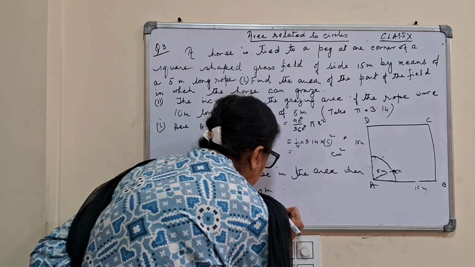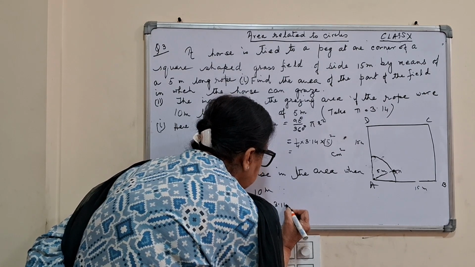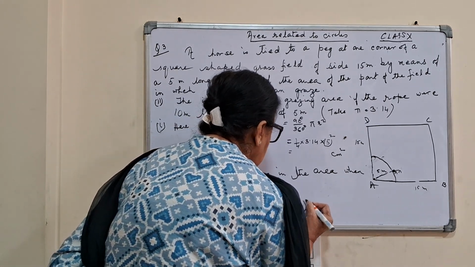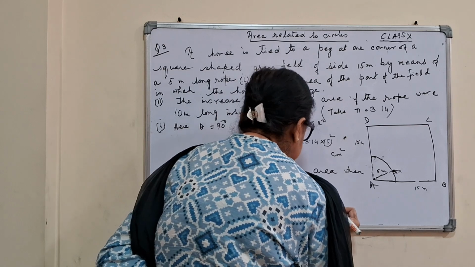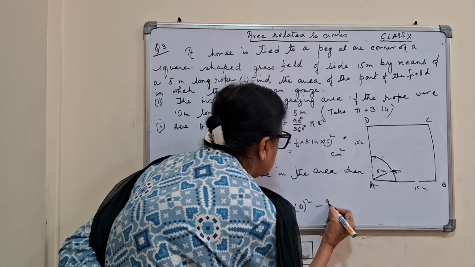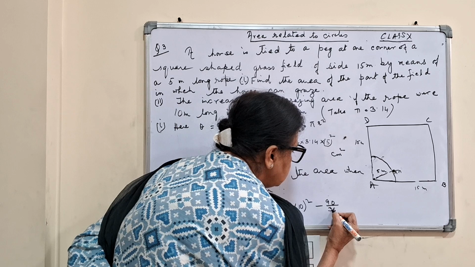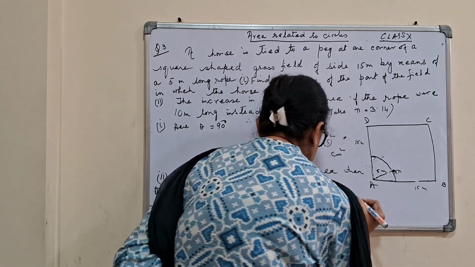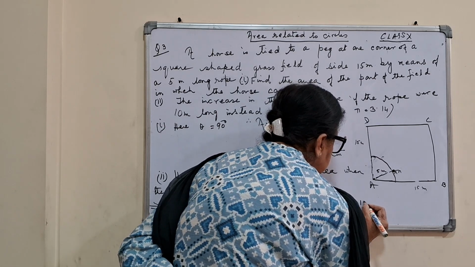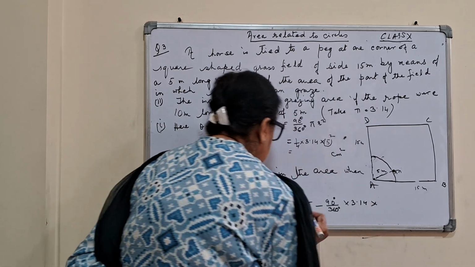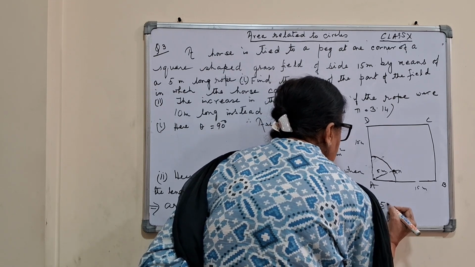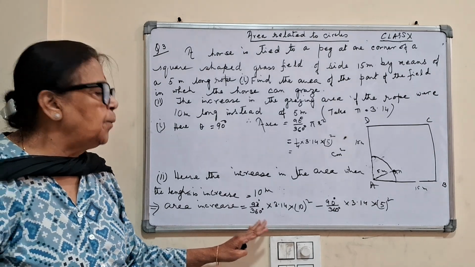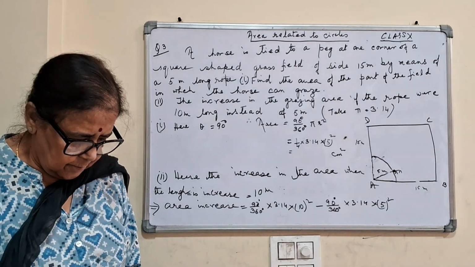Pi is 3.14 into r square is 10 whole square, minus 90 by 360 into 3.14 into r square, that is 5 whole square. So you subtract and you give the result. Calculation is your part. I should not do it. Okay. Thank you.